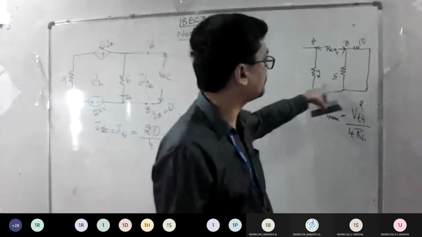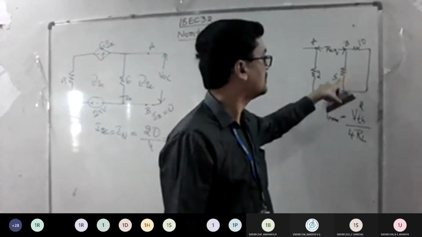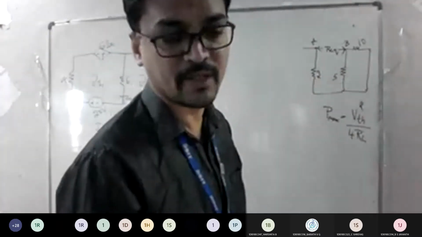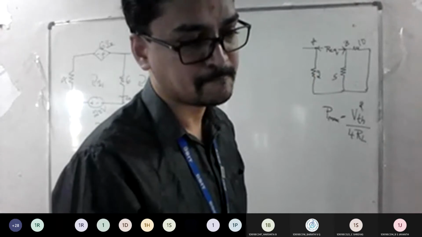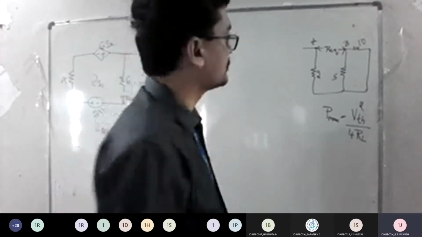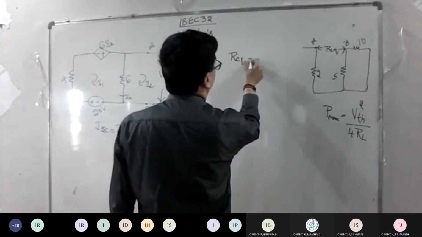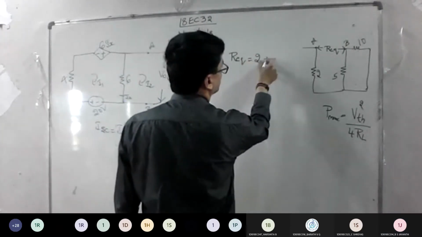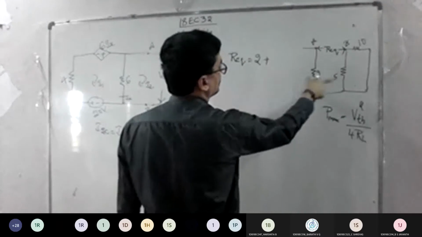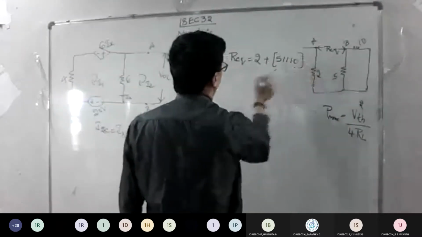I can't combine this 2 and 5 directly because there is a junction here. So you make these two parallel first, then from that you can make a series combination. Agree? Now you can write R equivalent equals 2 plus, series, these two in parallel. So 5 parallel with 10. Check what is the answer?